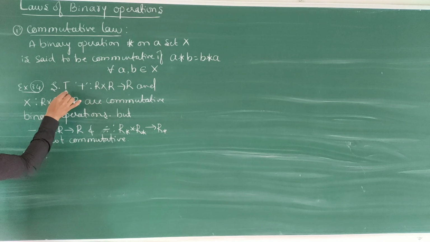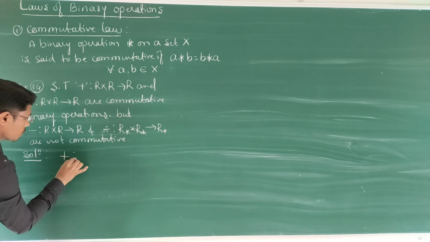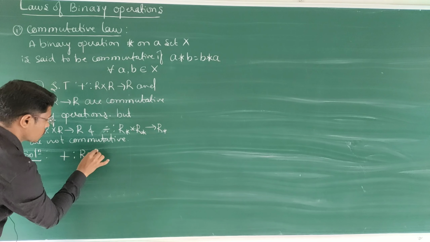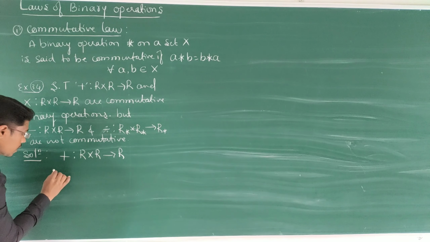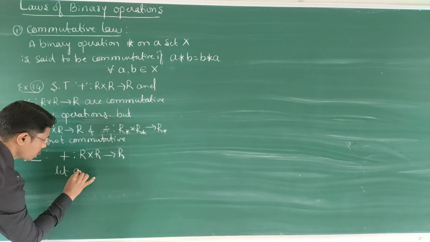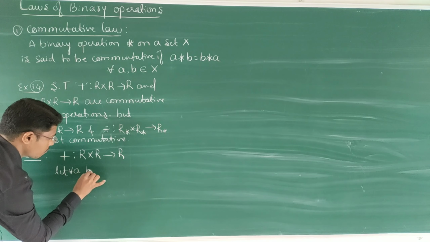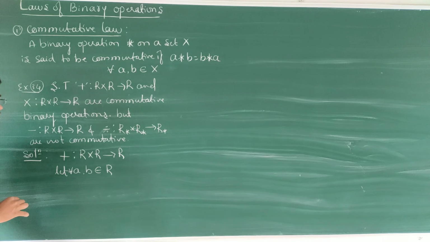First one is addition from R cross R to R. Let us consider two numbers, for all A, B belonging to the set of real numbers.